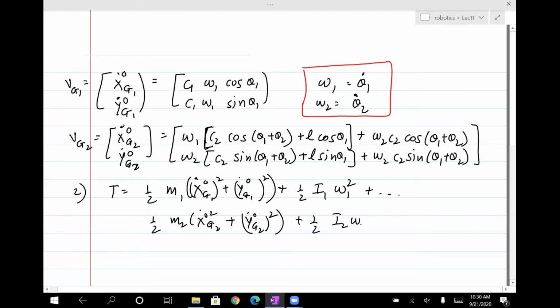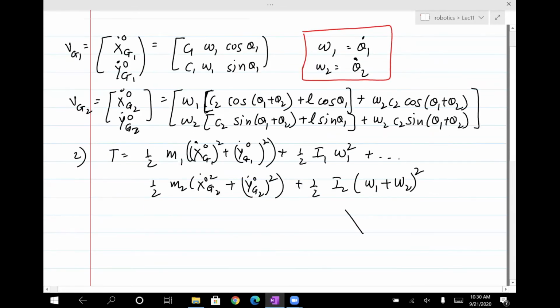So the rotational kinetic energy for link 2 is now going to be not just omega 2 squared, but (omega 1 plus omega 2) squared. That's because if you look at link 2, this is theta 2, but the angle made by link 2 with the vertical is theta 1 plus theta 2.